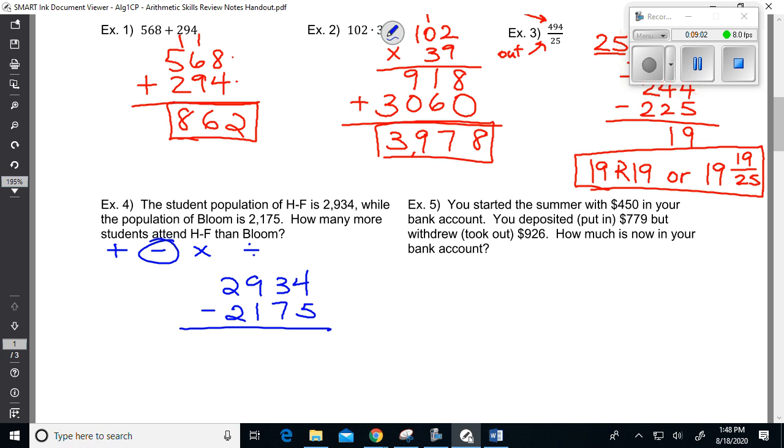So, I can't take 5 from 4, so I have to borrow. 14 minus 5, 9. I can't take 7 from 2. Borrow again. 12 minus 7, 5. 8 minus 1, 7. 2 minus 2, 0. So you have 759 students.